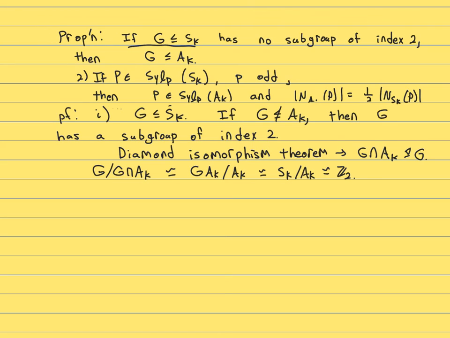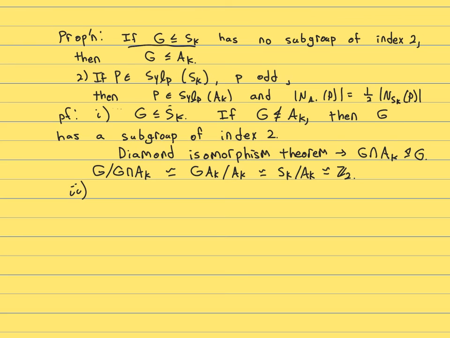So you have a subgroup of index 2. The only way out is if these two things are equal, and well, if that happens, then G is a subgroup of A_k, which is what we're assuming is false. Okay, so let's do part 2.